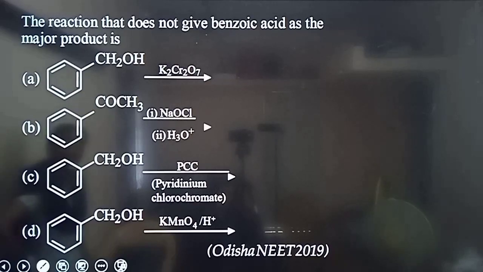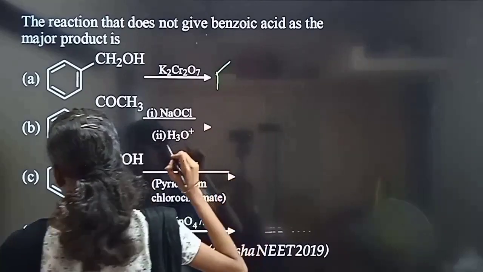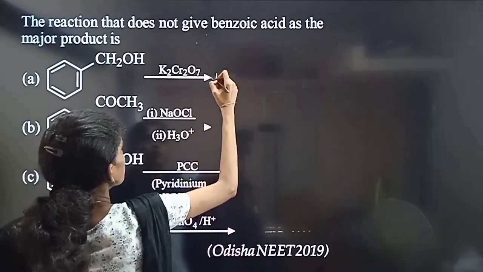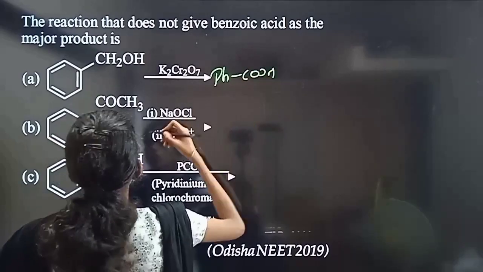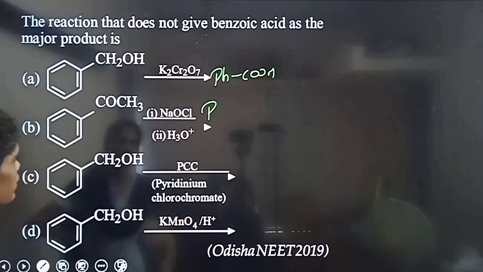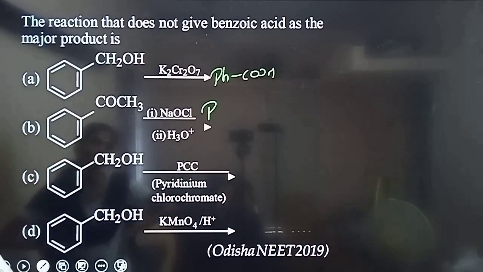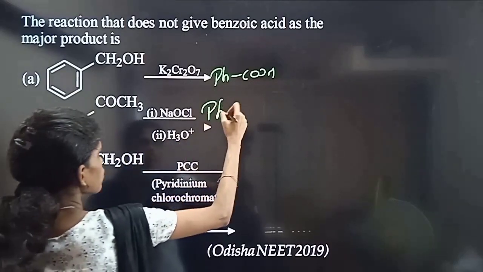The reaction that does not give benzoic acid as the major product. So here it will be converted to benzoic acid. Here too. You convert iodo.